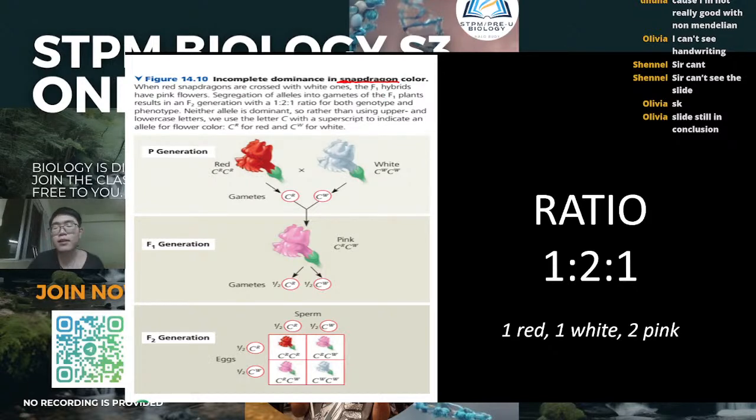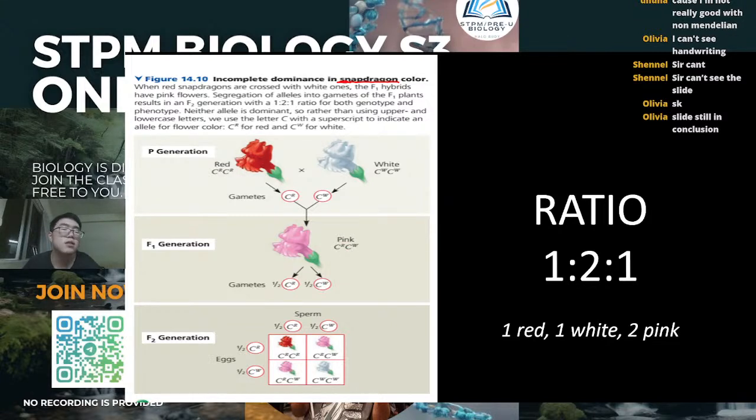Snapdragon plant has flower color. So snapdragon flower can be red or white. But according to Mendel, you will see that a pink color appears. It means there is no dominant and no recessive.